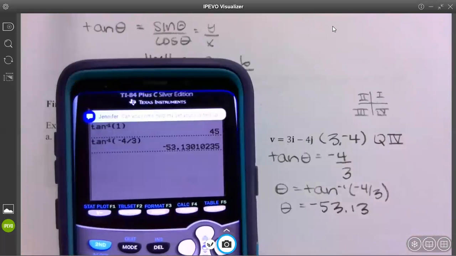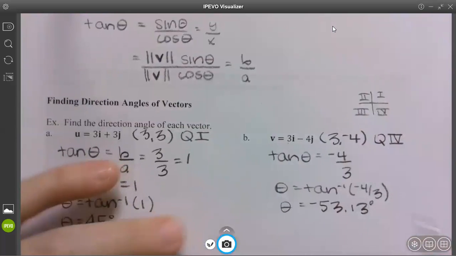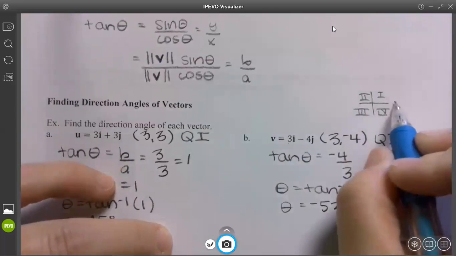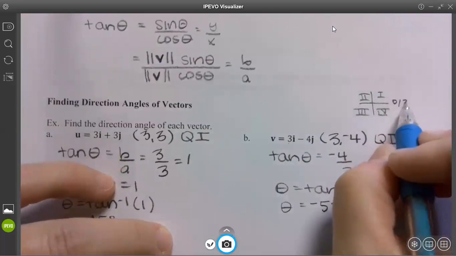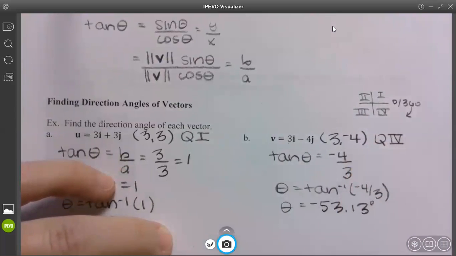-53.13. Now, if we're in degree mode here and we're going -53, we're trying to get to quadrant 4. Remember that this is 0 or 360. Now we're going to go backwards 53.13.